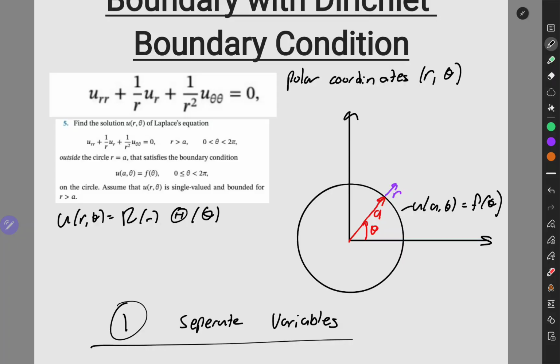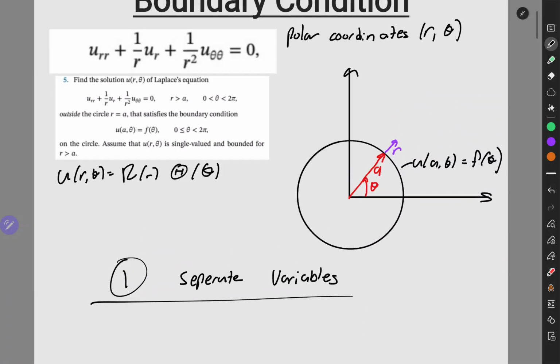That's a capital theta, like a circle with an h in the middle. From that, we can solve for u_rr, which is R double prime Theta. u_r would be R prime Theta. u_theta theta would be R Theta double prime.